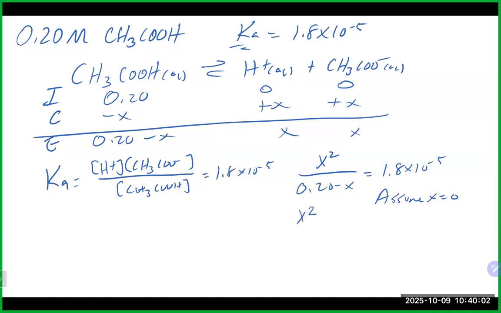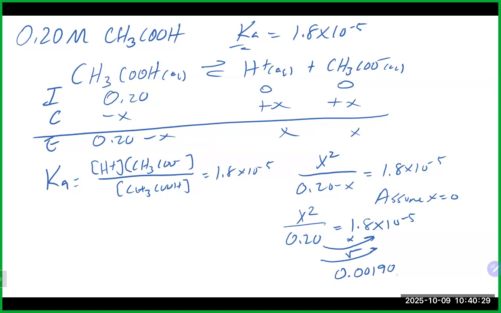That gets us x squared divided by 0.2 equals 1.8 times 10 to the minus 5. Again, we multiply and then take the square root afterwards: 1.8 times 10 to the minus 5 times 0.2, then a little square root, gives about 0.0019.